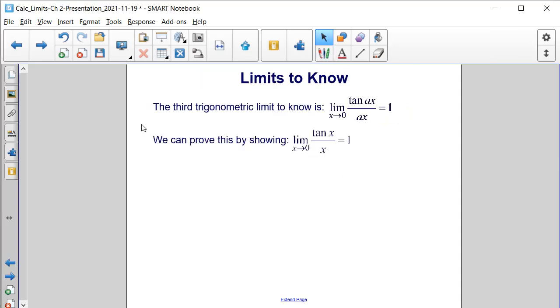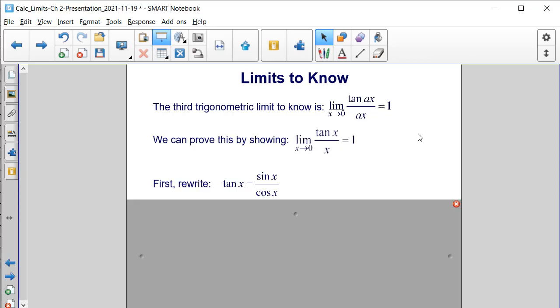The third trigonometric limit to know is the limit of tangent of a times x divided by a times x as x approaches 0 is equal to 1. And we can prove this by showing that the limit of tangent of x divided by x as x approaches 0 is equal to 1. First, let's rewrite the tangent of x as sine of x divided by cosine of x.